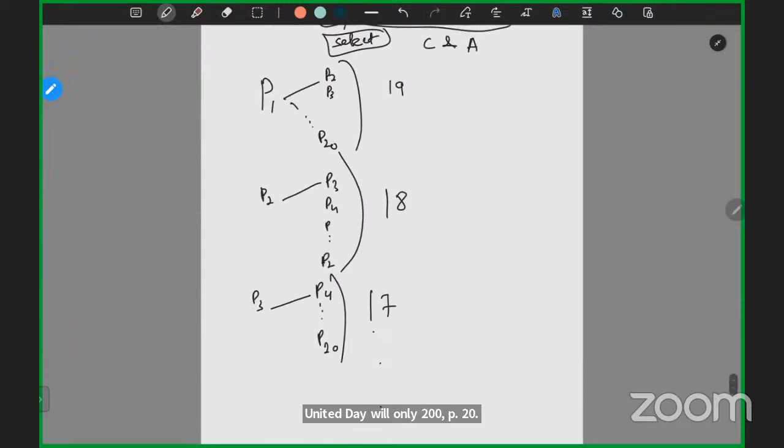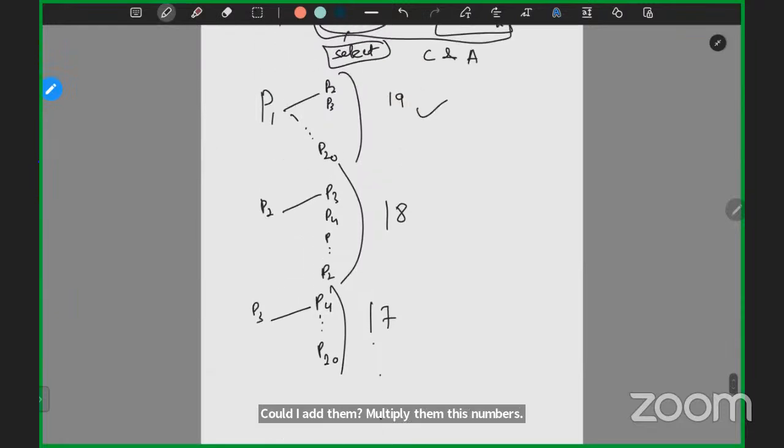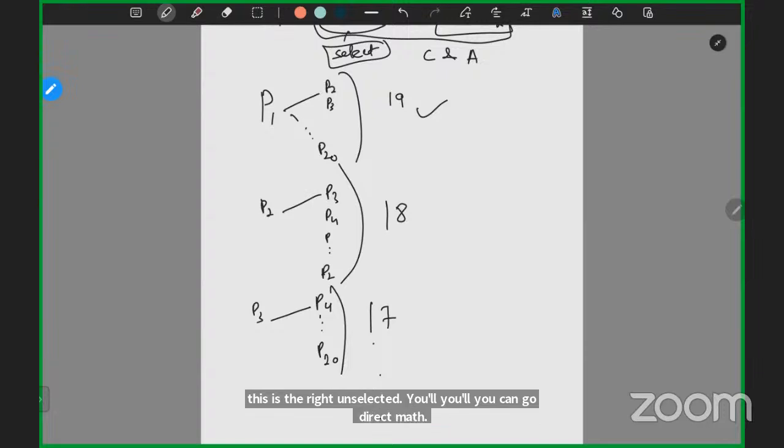So what do I do with these numbers? Should I add them or multiply them? This is the right answer actually. You can go direct math. I'm not using any permutation or combination, just pure logic.